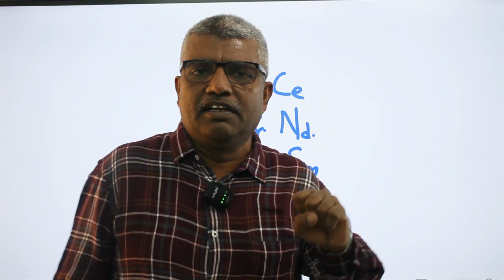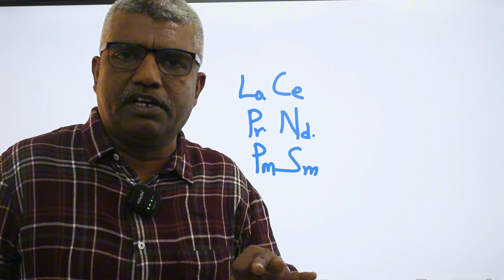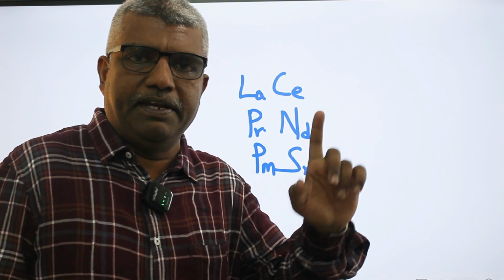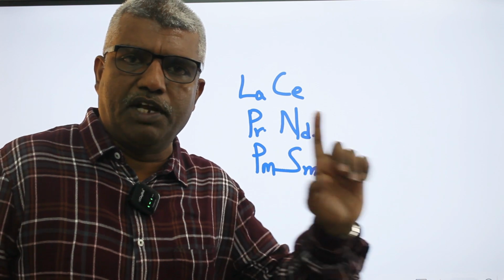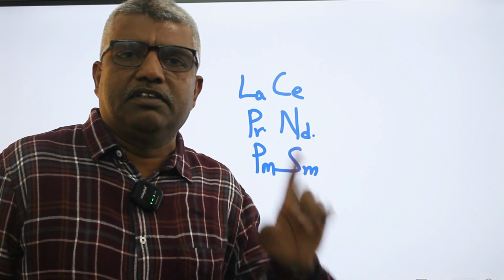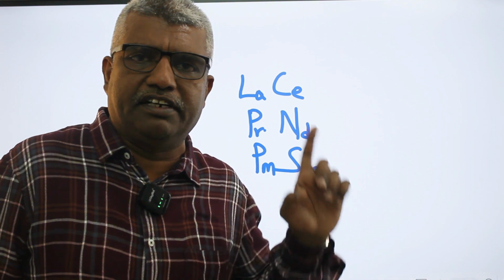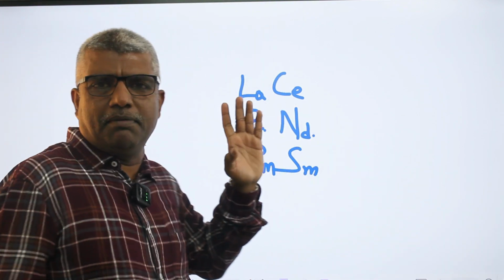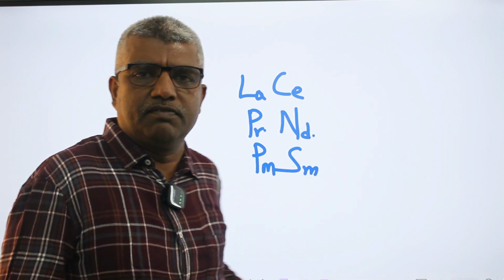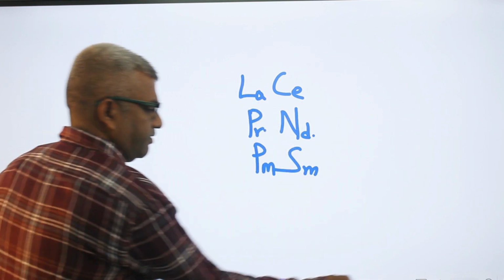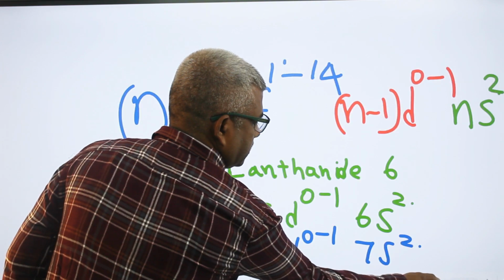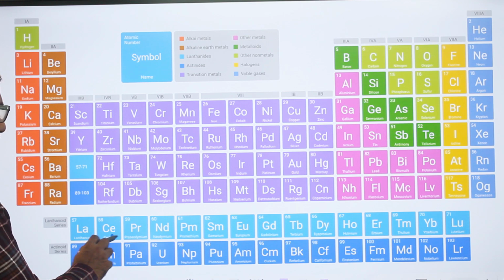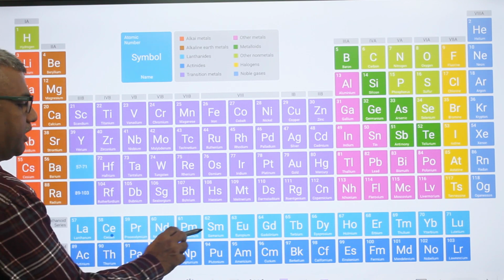The starting element of the f-block lanthanides is cerium. Try to memorize: lanthanum, cerium, praseodymium, neodymium, promethium, samarium.